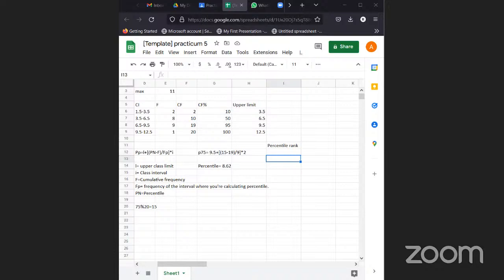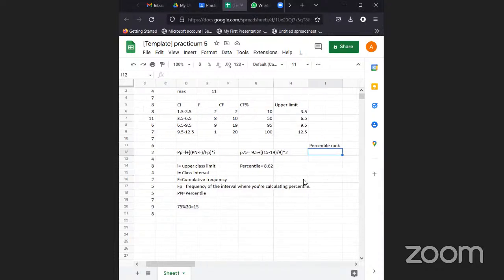Just a moment, I'm facing an issue. So what we're going to do right now is use a particular formula to understand what the percentile rank is going to be, right? For this, we'll be using the frequency that we have at that particular interval.